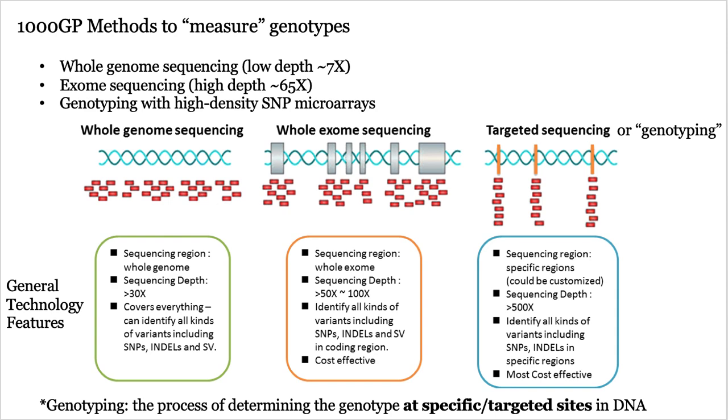So for the sequencing technology used in this specific project, I say sequencing technology, which implies that we are going to read the DNA sequence. But sometimes you can use sequencing technology to read only one place. You don't need to read the whole sequence. You just read one specific place, and it's called targeted sequencing or genotyping.